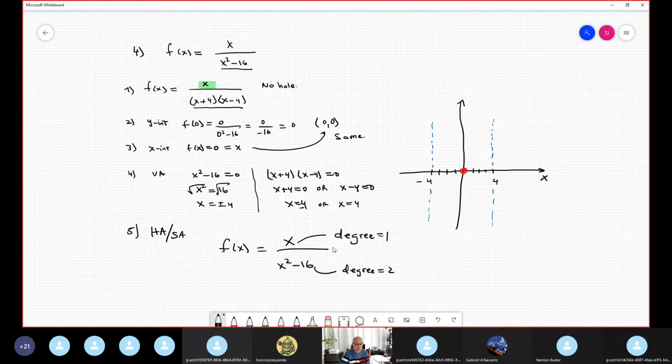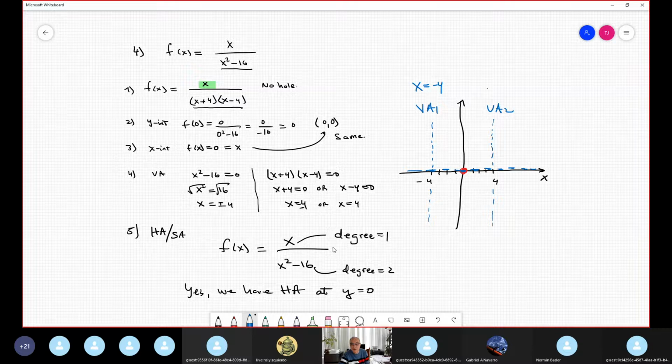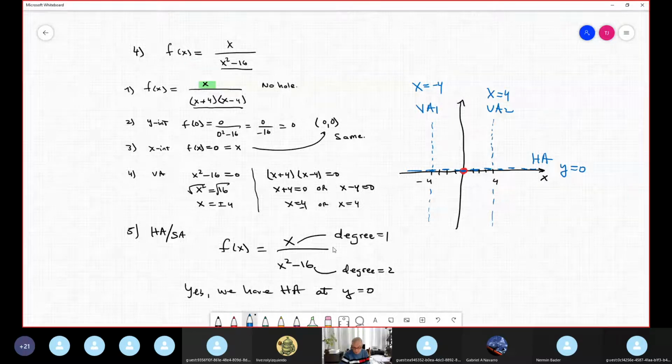And when the degree of the polynomial in the bottom is greater than the degree of the polynomial in the top, we have a horizontal asymptote at the special case 0. Okay, so we have a horizontal asymptote at 0. So we have vertical asymptote 1, x equal negative 4, vertical asymptote 2, x equal positive 4, horizontal asymptote y equals 0.